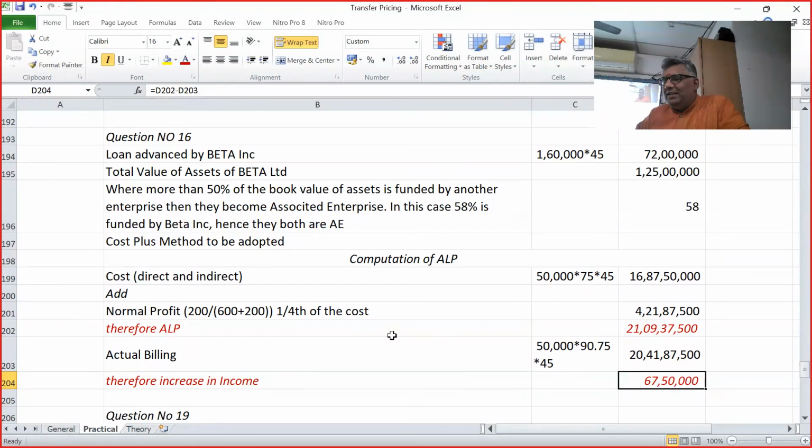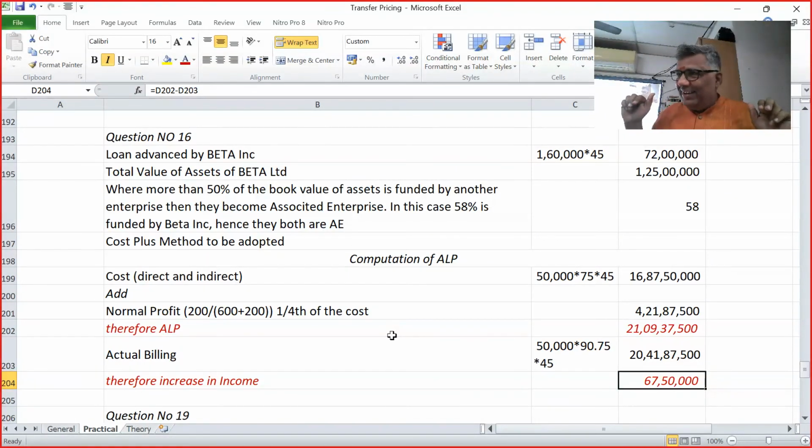The income is down by 6750, and the AO increases the income by 67,50,000. The story is not over there. Wherever such things come, we always remember Drishyam 2. The climax is not yet over.